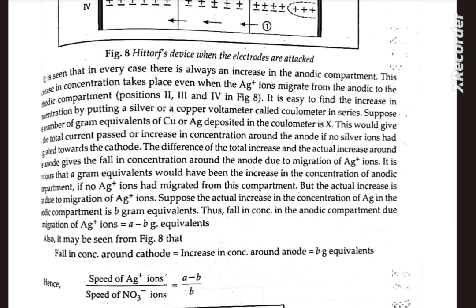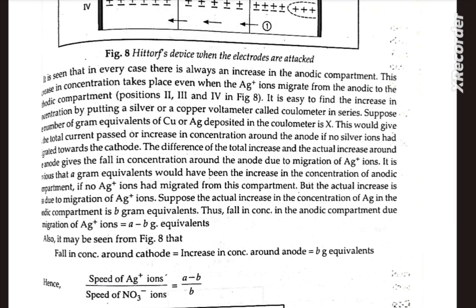Suppose the number of gram equivalents of copper or Ag deposited in the coulometer is A. This would give the total current passed, or the increase in concentration around the anode if no silver ion had migrated toward the cathode. The difference of the total increase and the actual increase around the anode gives the fall in concentration around the anode due to migration of Ag positive ions.